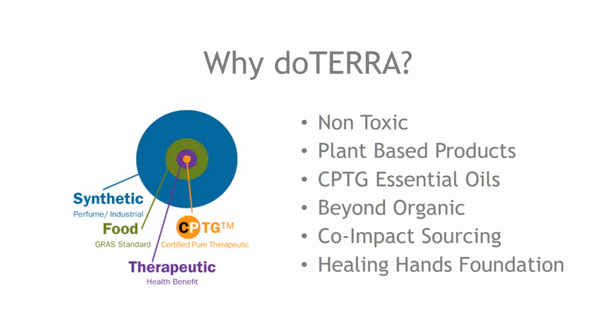A smaller portion are food grade, the extracts that you might use in cooking. And then an even smaller percentage have therapeutic health benefits. In the center there, you see an even smaller percentage of certified pure therapeutic grade, CPTG. That's doTERRA's insignia there.